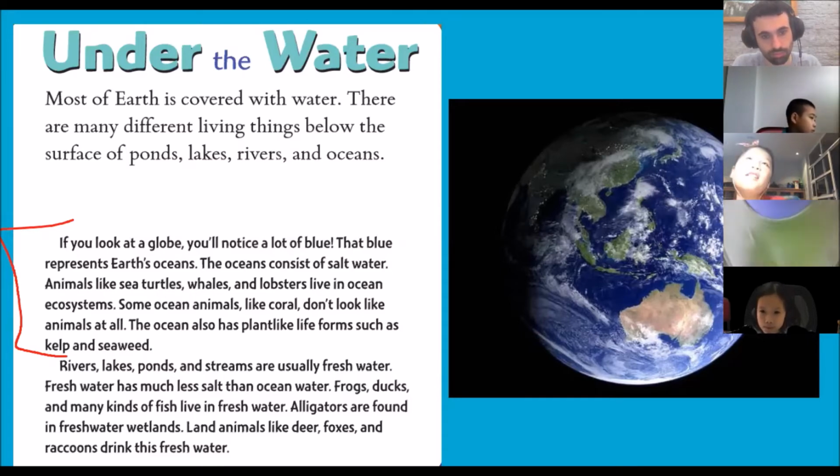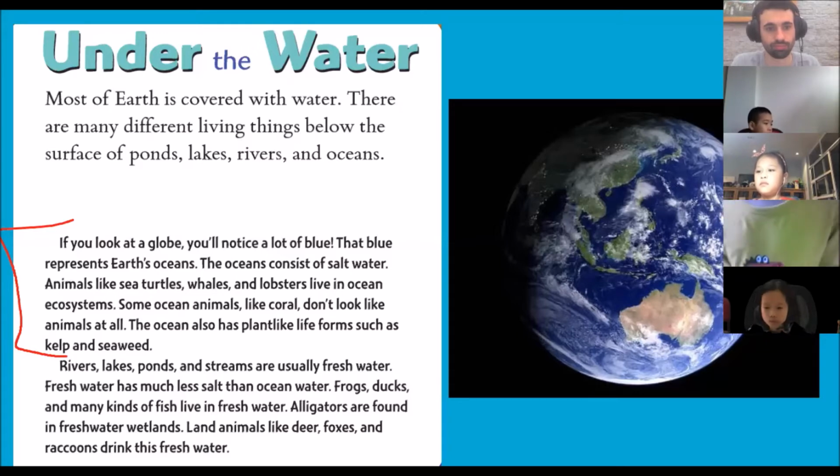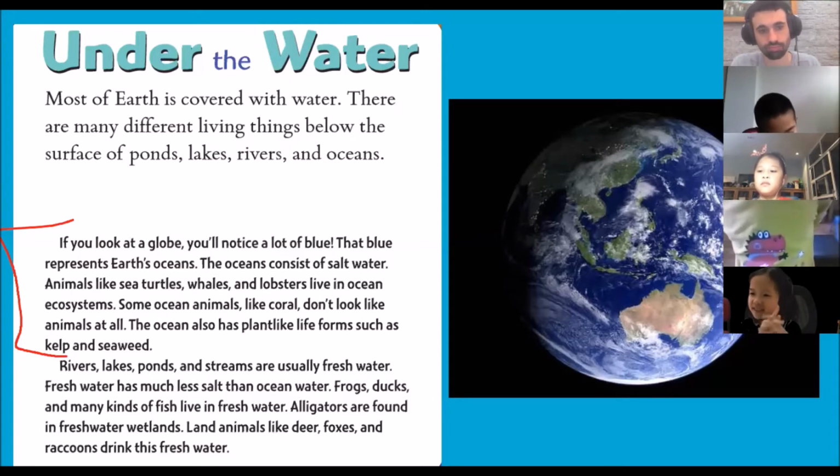Animals like sea turtles, whales, and lobsters live in ocean ecosystems. Some ocean animals, like coral, don't look like animals at all. The ocean also has plant life forms such as kelp and seaweed.